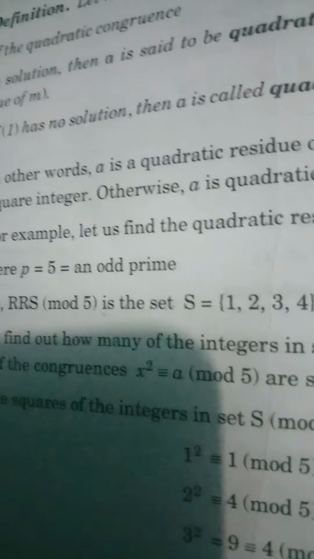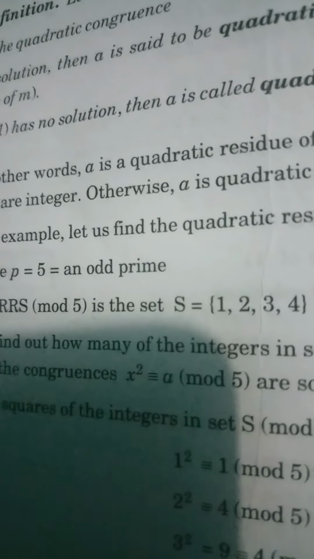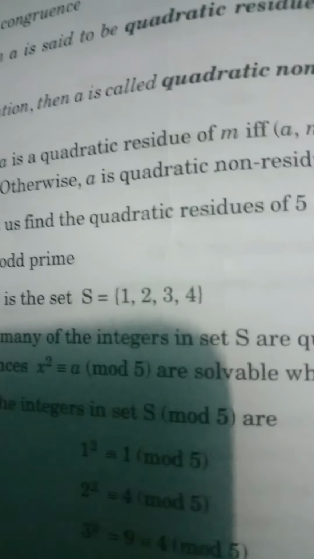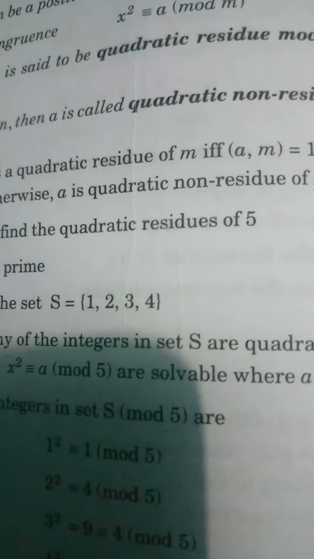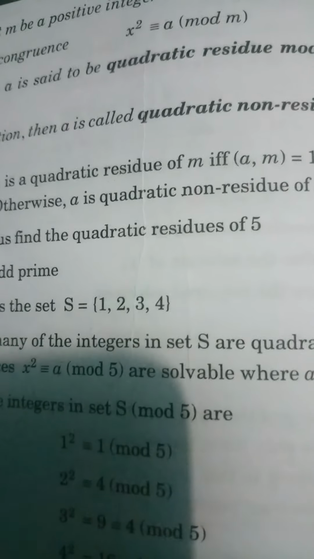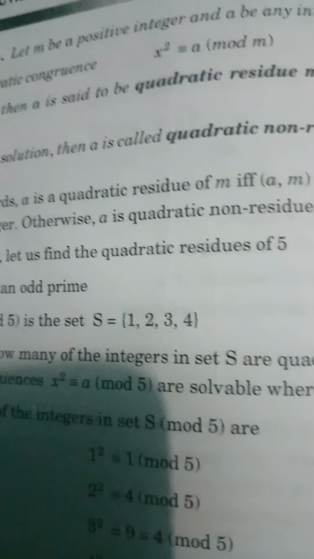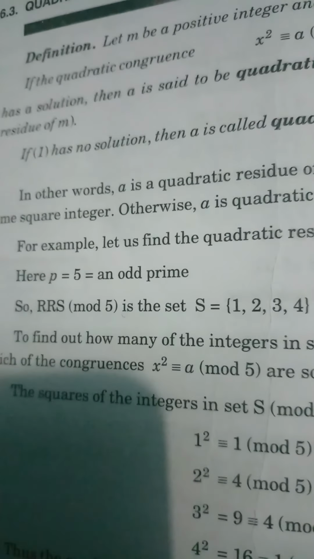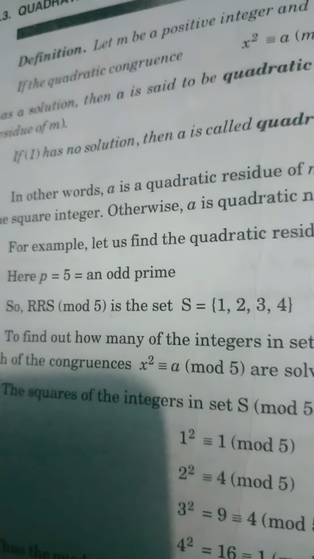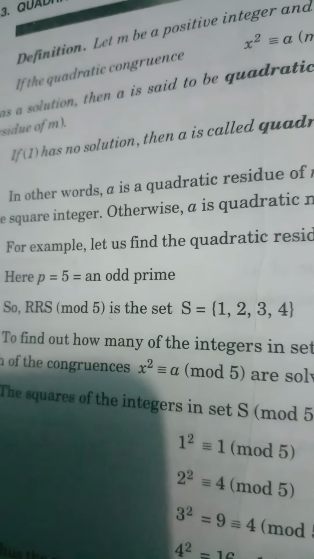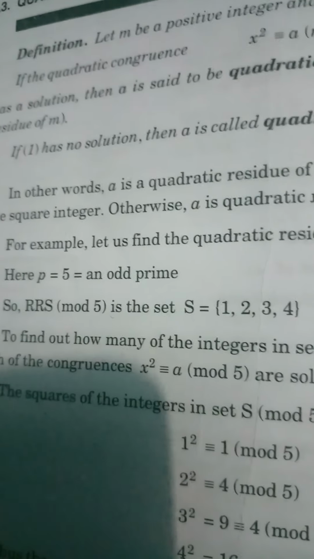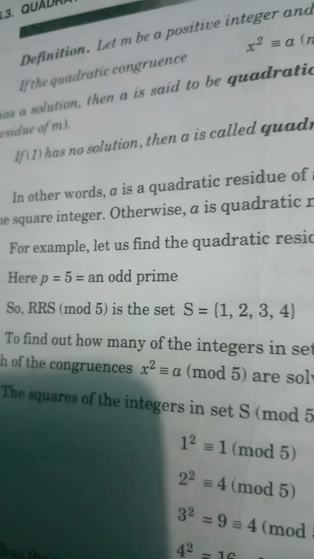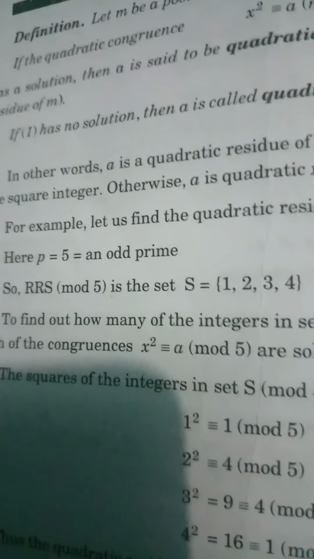Reduced residue system. Mod 5 it is the set S equal to {1, 2, 3, 4}, one fewer than the CRS, okay. A CRS is a complete residue system, and this is the reduced residue system.